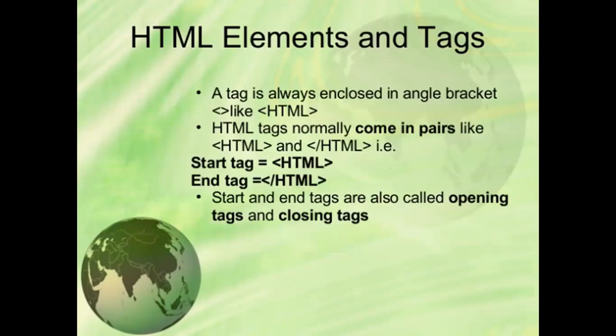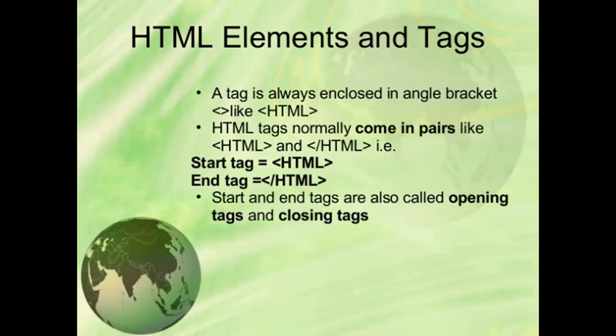Moving on to the next slide, it will tell you what exactly a tag is all about. HTML is basically made up of tags. A tag is always enclosed in an angle bracket or angular bracket. Look at this point 1.